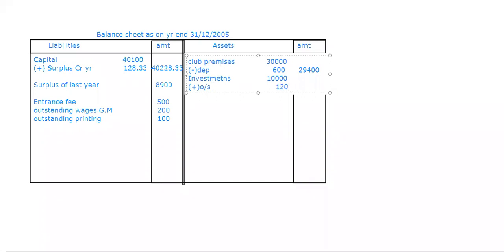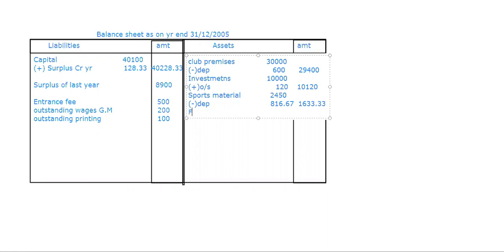So it will be 10,120. This is done. Then after that, sports material. 2,450, if we subtract depreciation of 816.67, how much comes? 1,633.33.